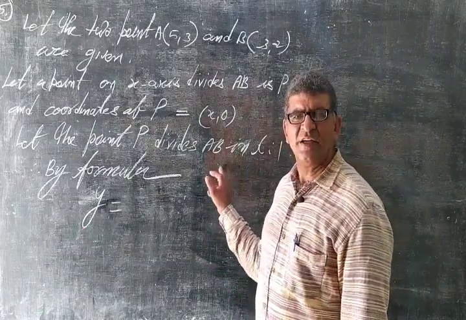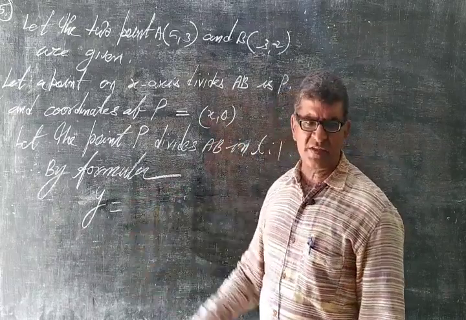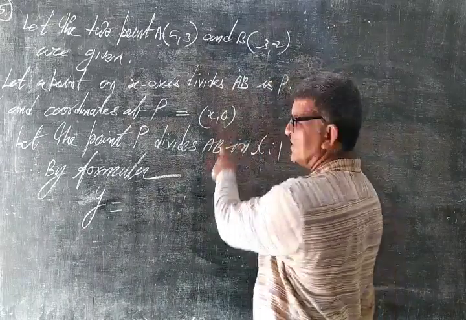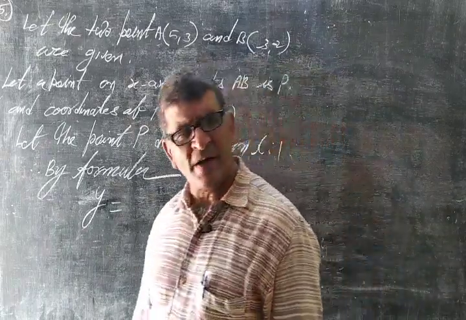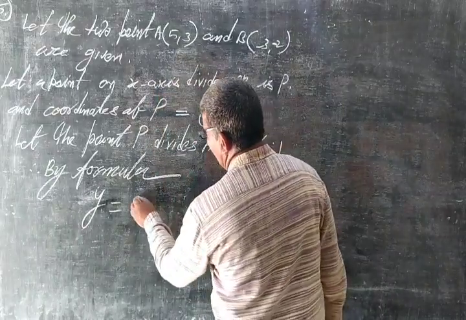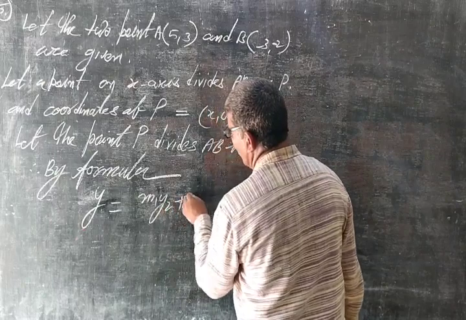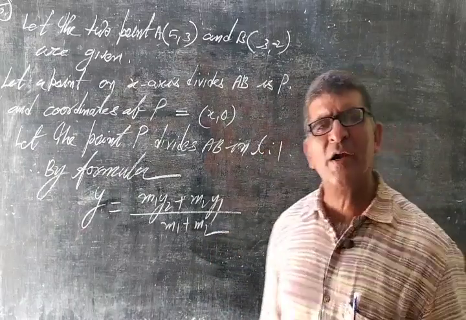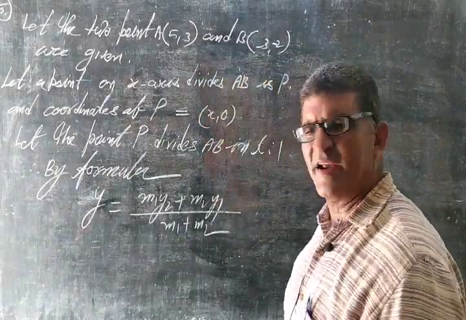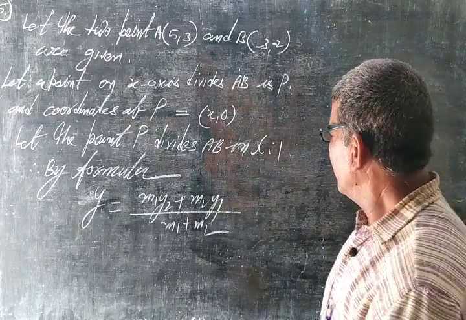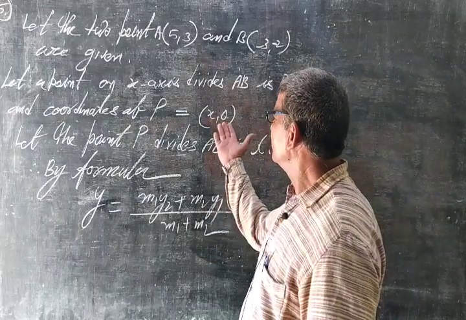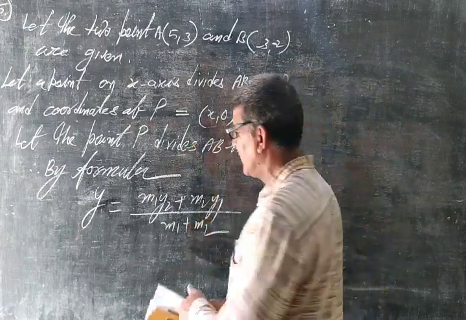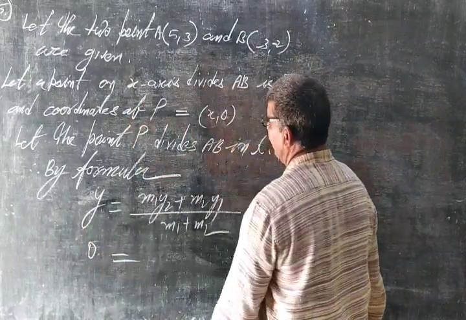That is why we take 0 as the y coordinate first, not the x coordinate, and with y given as 0, we can find the value of lambda. That is why m1 y2 plus m2 y1 upon m1 plus m2. I have taken the y coordinate because y is given as 0, and I put 0 here.